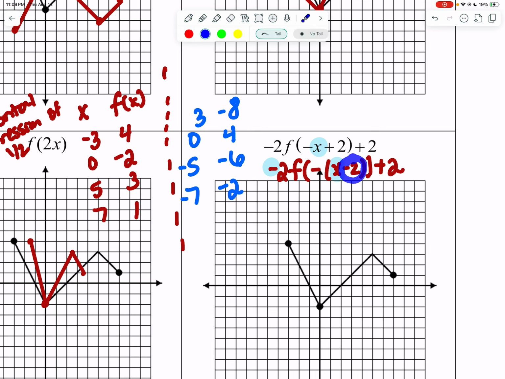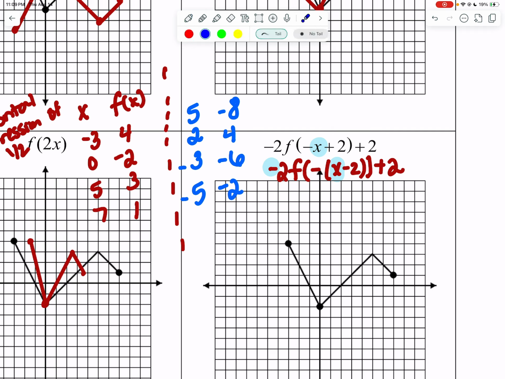We have this right here that stands for right 2 units, and right 2 units will affect my x value. So this means that instead of a 3, I'm going to have a 5 now. Instead of a 0, I'm going to have a 2. Instead of a negative 5, I'm going to have a negative 3. And then instead of a negative 7, I'm going to have a negative 5.